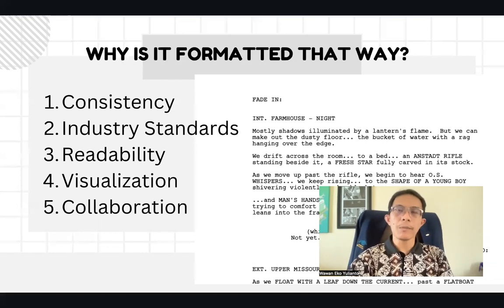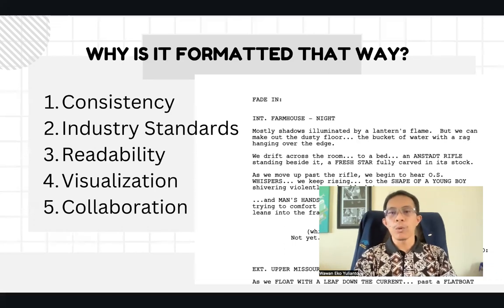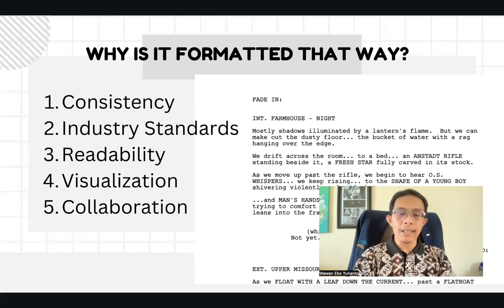And finally, it makes it easier for people to collaborate. With a standard formatting, a standard style, people from different specializations can understand the script and use it for their purpose.